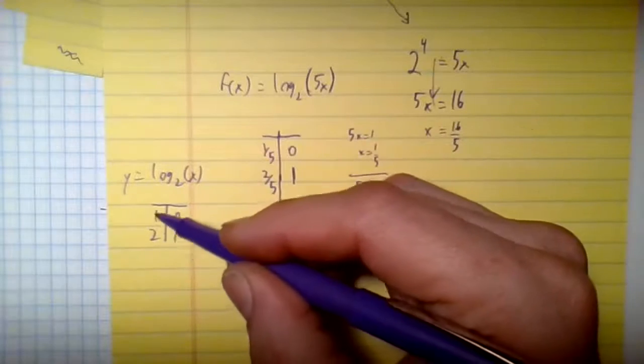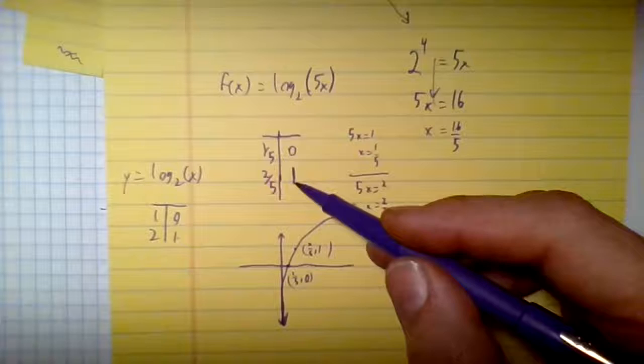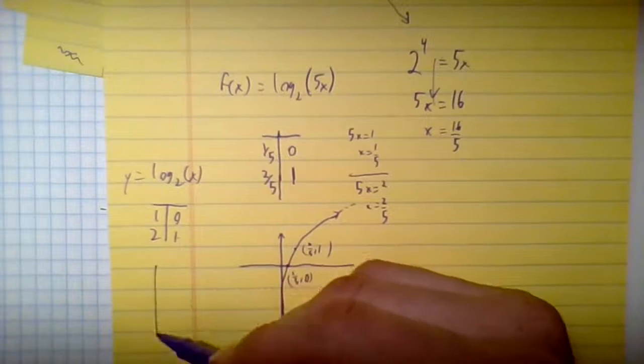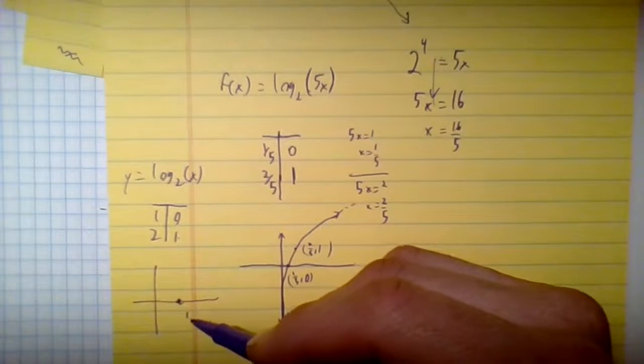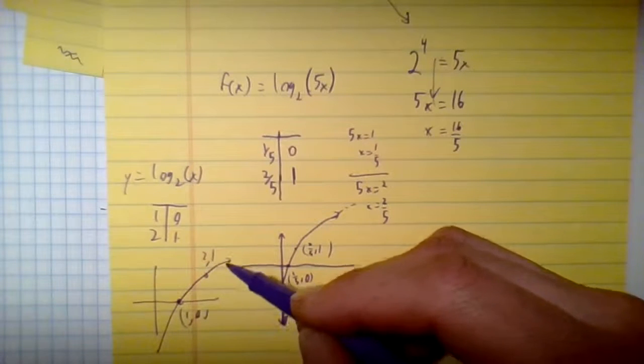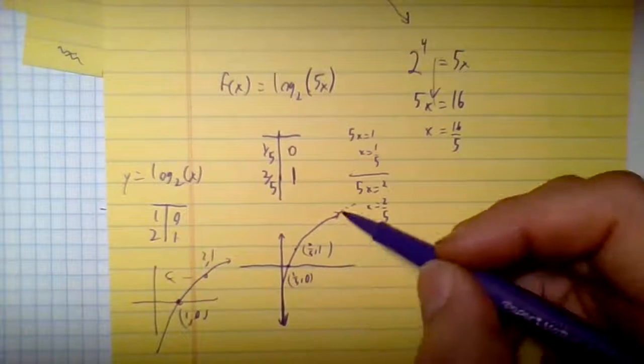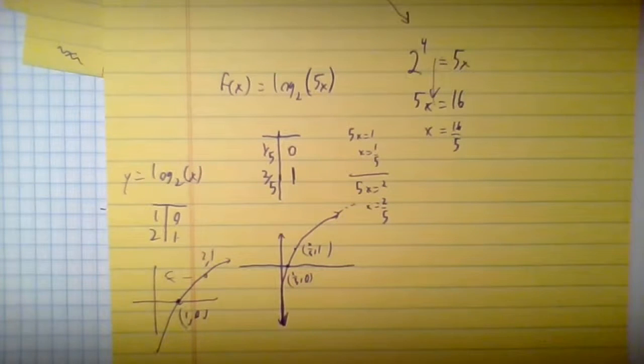So you see our x values got compressed by dividing them by 5, and then the output stayed the same. So that regular log graph, which would go through 1, 0, 2, 1, got compressed horizontally. It got flattened down to here to get that transformed logarithm function. So that ties back into the transformations that we did before. That's good to remember.